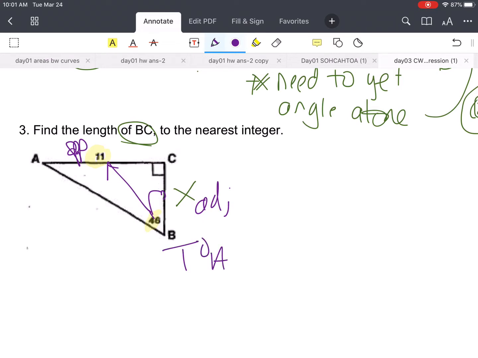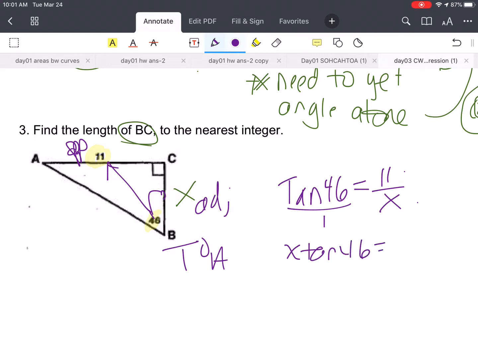So that's the tan of 46 is equal to 11/x, opposite and adjacent. Cross multiply, so that's x tan 46 is equal to 11 times 1, right?